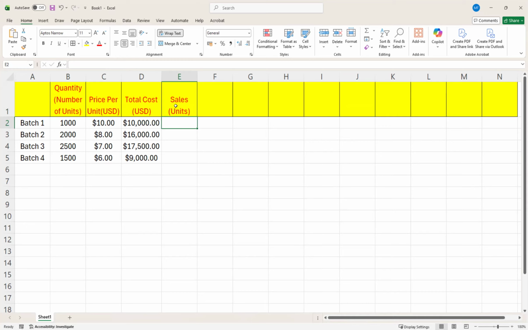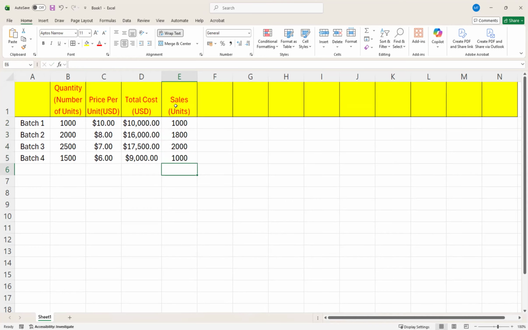So let's say we sold 1,000 units fully from batch 1. From batch 2, let's say we sold 1,800 units. From batch C, we sold 2,000 units. And from batch D, we sold 1,000 units.